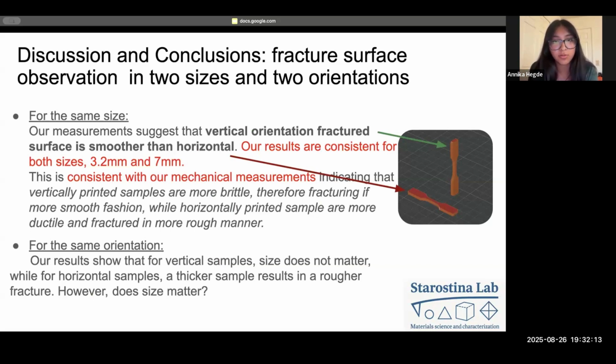And this is consistent with our mechanical measurements, indicating that vertically printed samples are more brittle, therefore fracturing in a more smooth fashion, while horizontally printed samples are more ductile and fracture in a more rough manner. For the same orientation samples, our results show that for vertical samples, size does not matter, while for horizontal samples, a thicker sample results in a rougher fracture. However, we are still questioning if size matters.